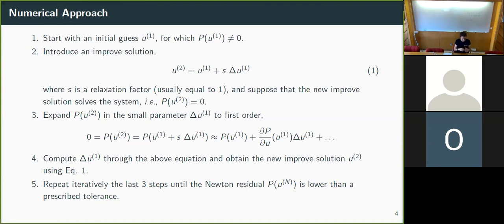If you take one solution and you want to jump very far from it, or jump close to that solution: if this factor is close to 0, then this new improved solution will be very close to the original one. But if this s is like 10 or 100, this new solution will be quite far from the original one. But in most cases, it's just equal to 1. For example, for the Newton-Raphson method, in general, that factor is equal to 1. It's not very important.